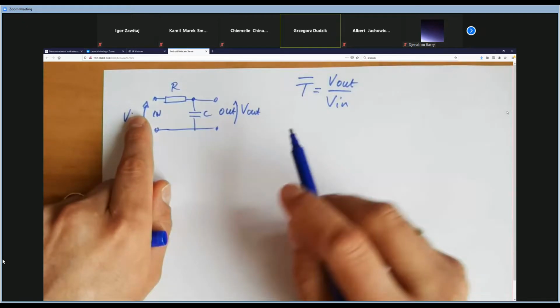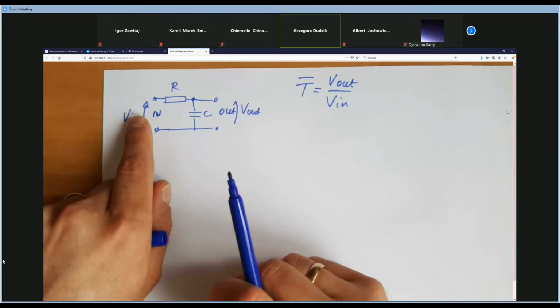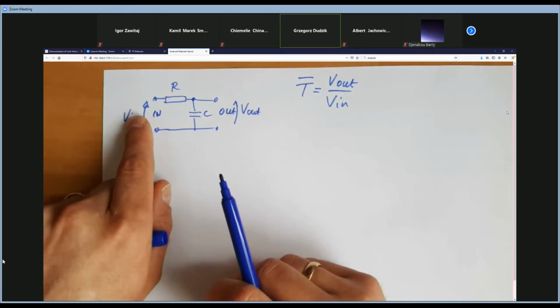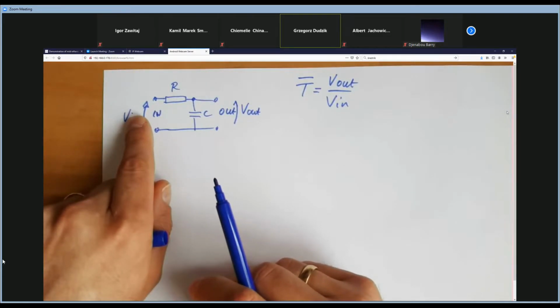If you come back to the amplitude characteristic, I told you that it can be defined as V out to V in. So it is possible to find it.